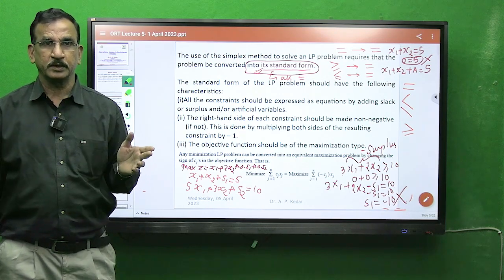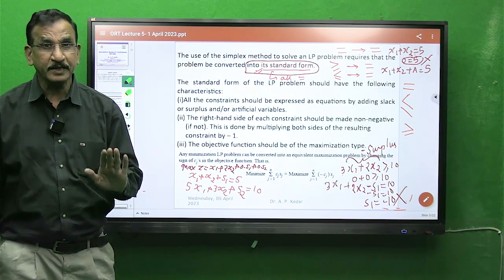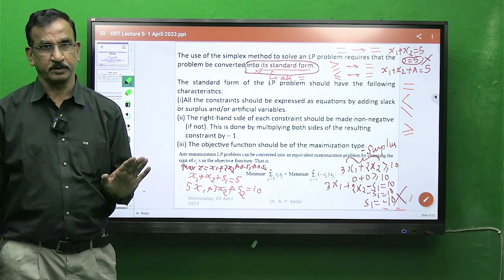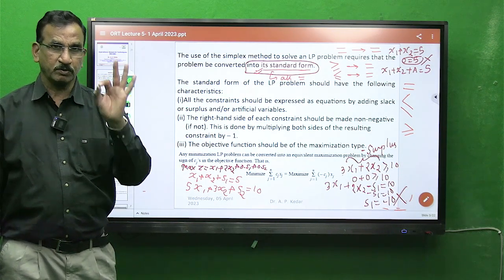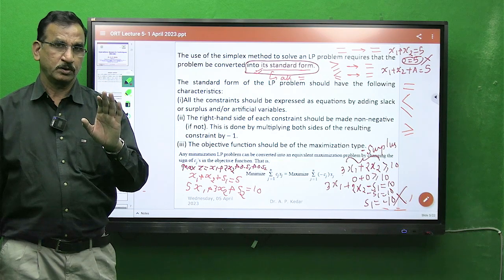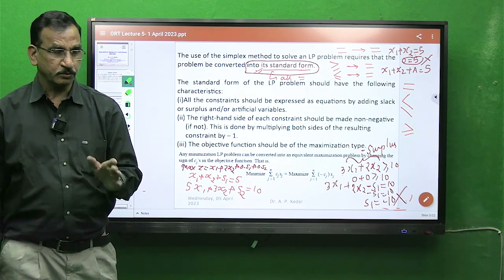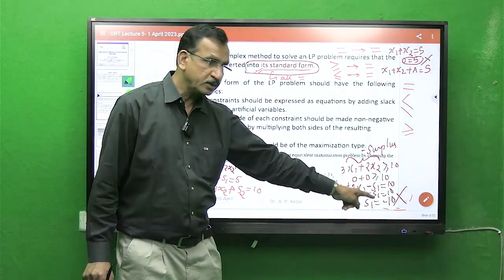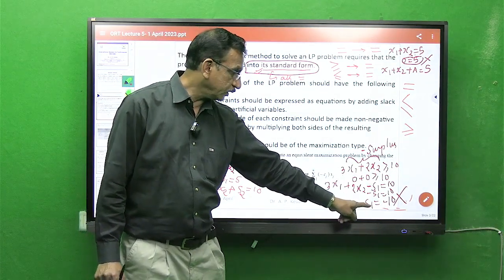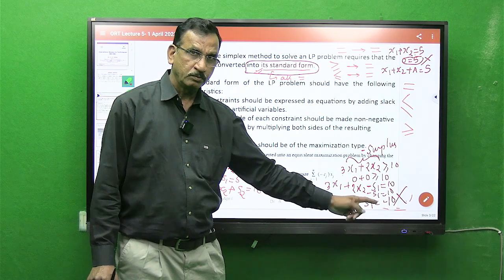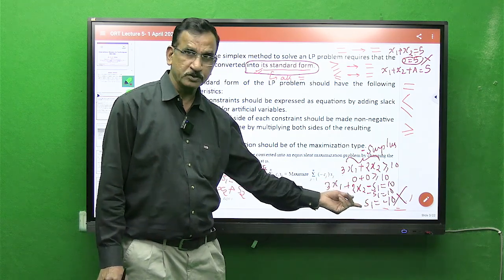No negative sign is permitted for any real or fictitious variable. At the most, it will have 0 value, or value will be greater than 0. No negative. Now here we can see, if we treat like this, what we are getting? s1 equal to minus 10. So this is wrong by the concept of operations research.